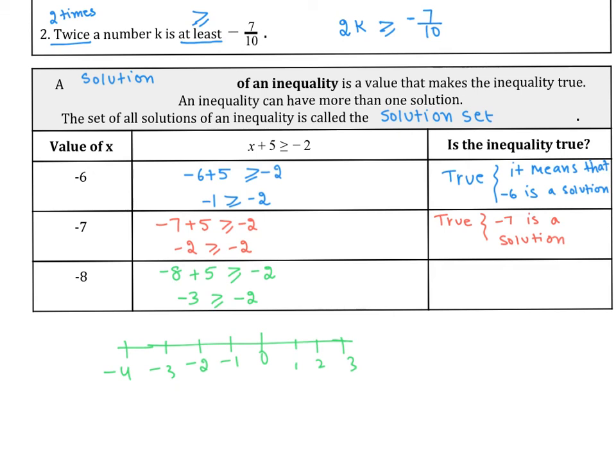Negative 3 comes after negative 2, so negative 3 is not greater than or equal to negative 2. This is false, so negative 8 is not a solution, because for the negative 8 value, the inequality came out false.